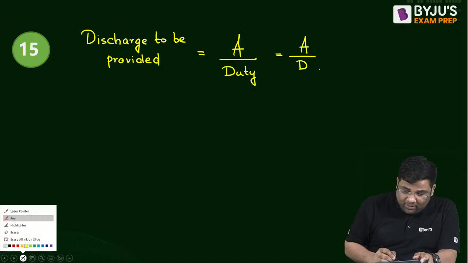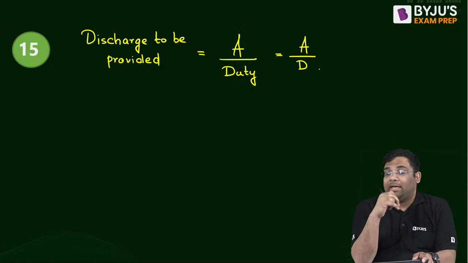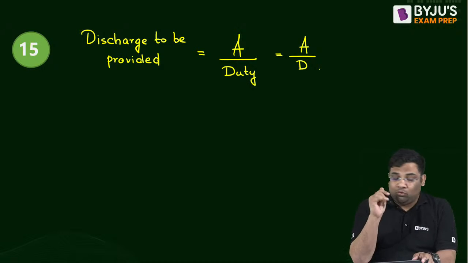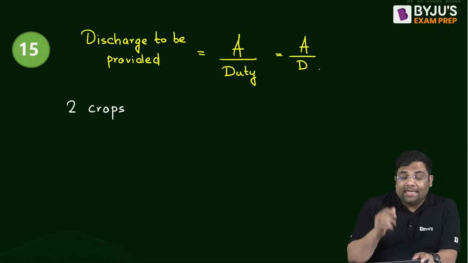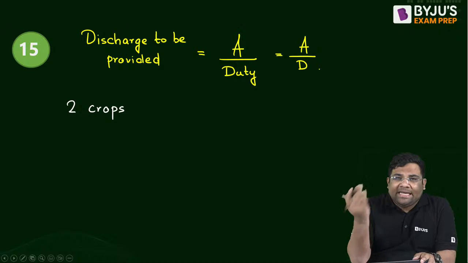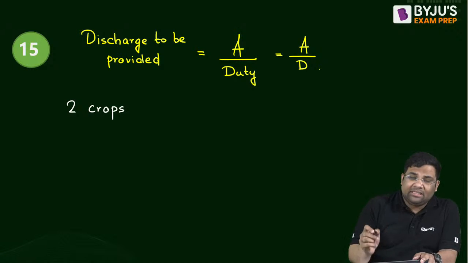Now, if you are irrigating two crops, crop 1 and crop 2, and suppose both of them belong to the same season. We have Rabi season, we have Kharif.